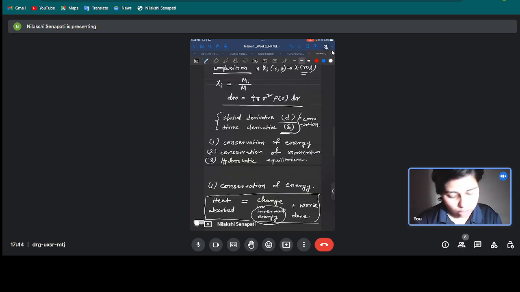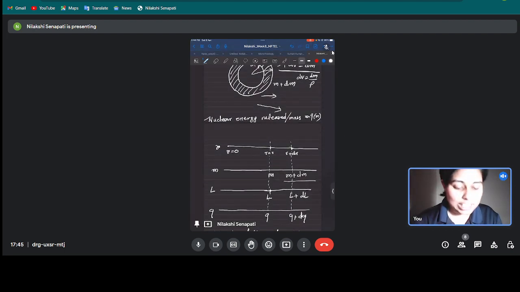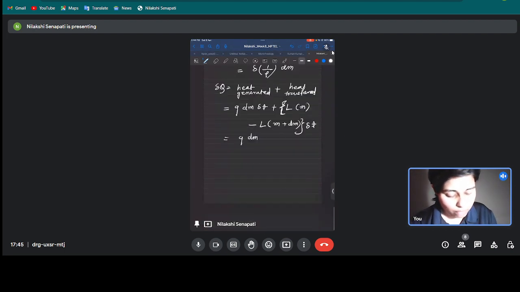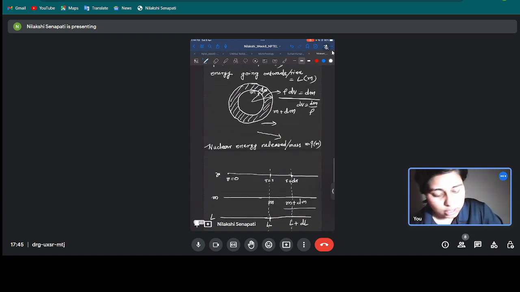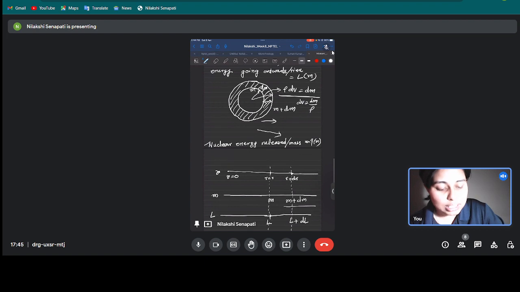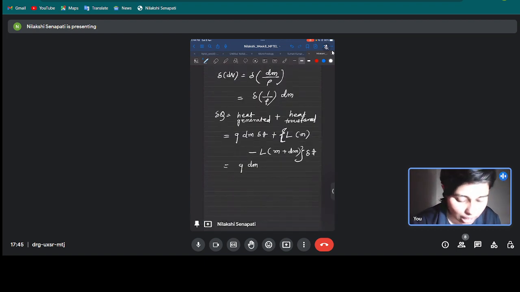Q is nothing but the nuclear energy released per unit mass, that is q, and that is multiplied with the dm, whatever is happening for this dm in delta t time. For that reason we are doing q dm into delta t, the variation of dm in delta t time of the nuclear energy that is released, that is the cause of the heat generation.